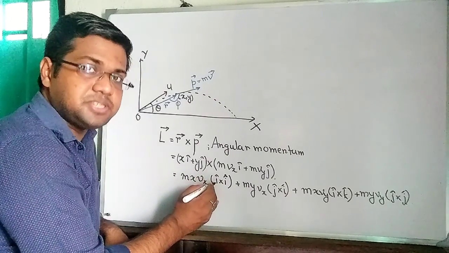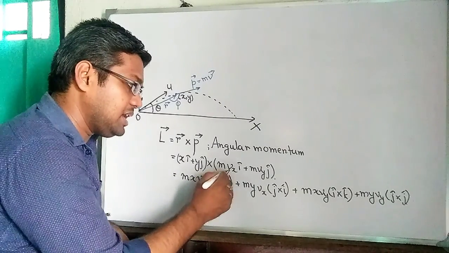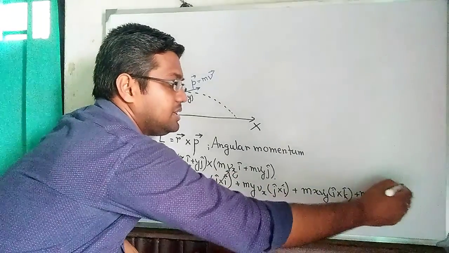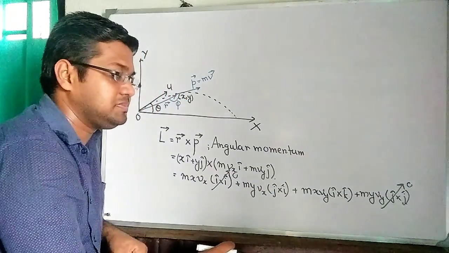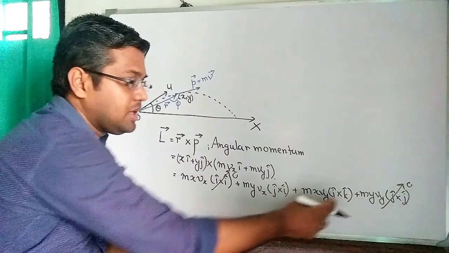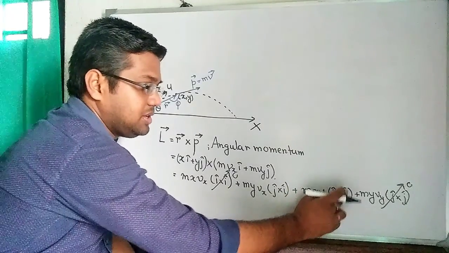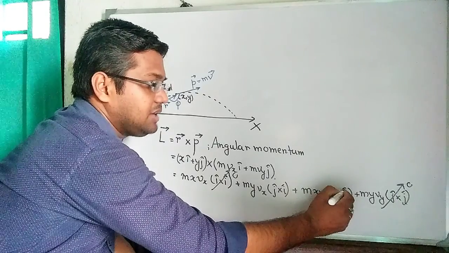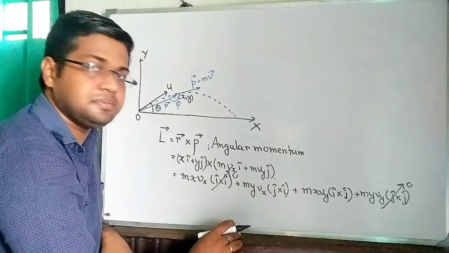i cross i is 0, and obviously j cross j is 0. j cross i is minus k cap, and i cross j is k cap.